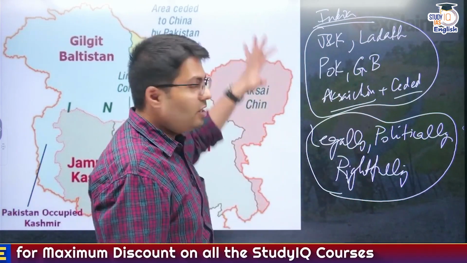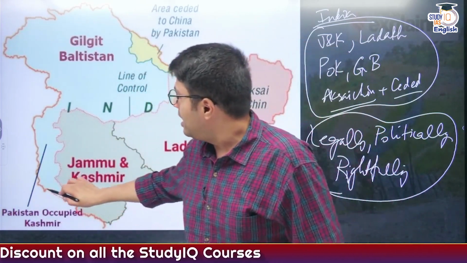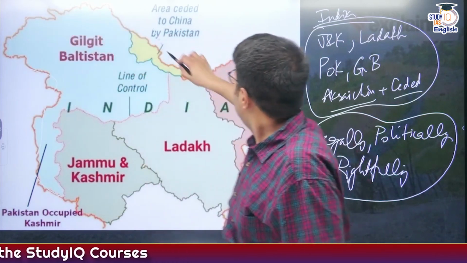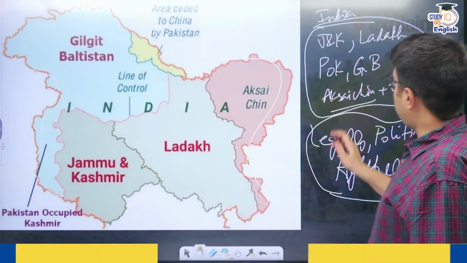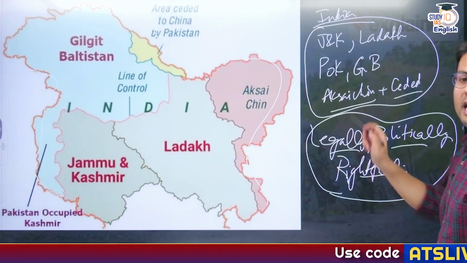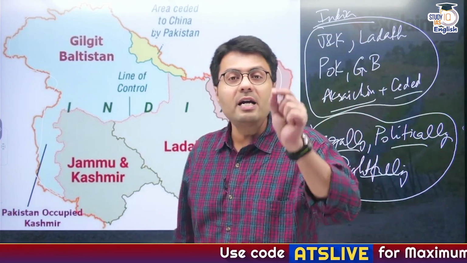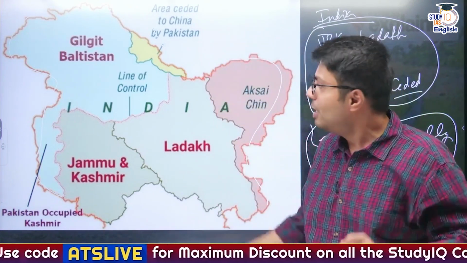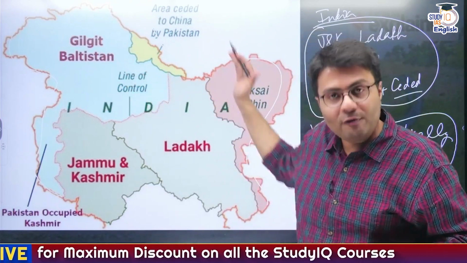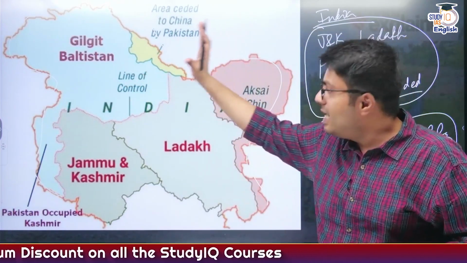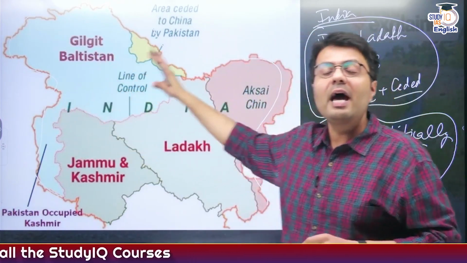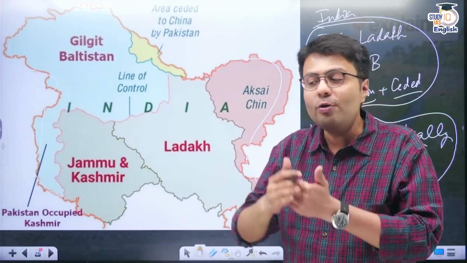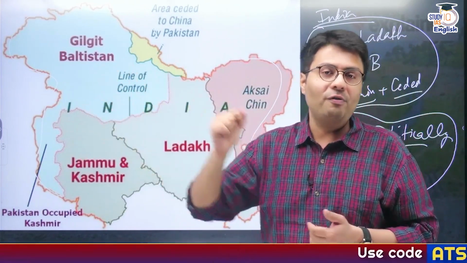So please do not mistake today's discussion as anything else. This entire region that you can see from here stretches up till here, and legally, politically and rightfully, it belongs to the Indian Union. And we expect the Indian Armed Forces and the Indian government to take possession of what is rightfully ours from the illegal control of both Pakistan and China, and they should do so in the not very distant future, right?